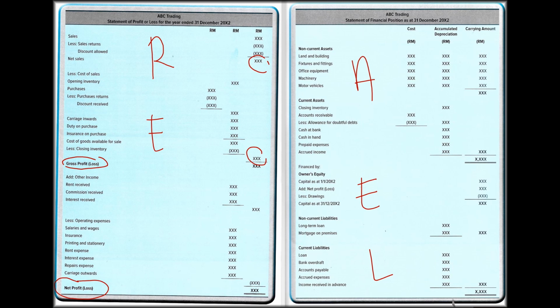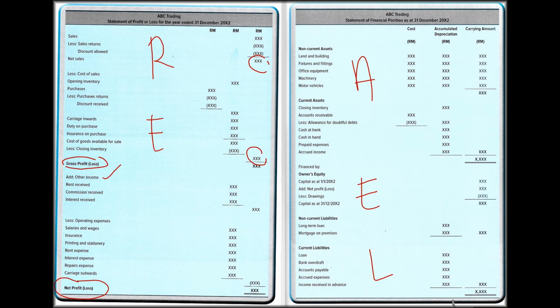Then we add other income, if any. Let's say for example you rent out a part of the building and you receive rent, so here we record rent received. If there is any commission received, interest received, dividend received, fees, royalty, or any other income that you receive, then you disclose it here.